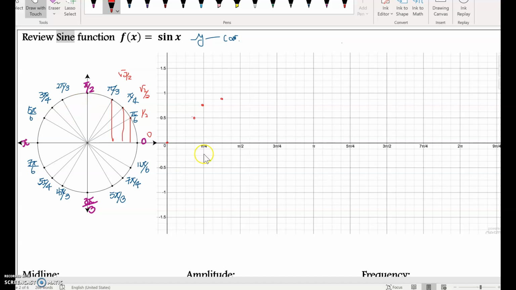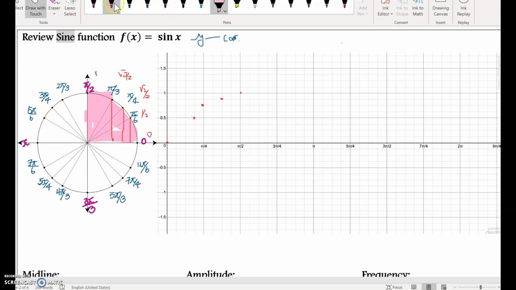Okay, so next one. At 90 degrees, pi over 2, we know that sine is 1. So at 90 degrees, it's at 1. If you take a look, this section over here is the first quadrant, and in the first quadrant, the sine is positive.